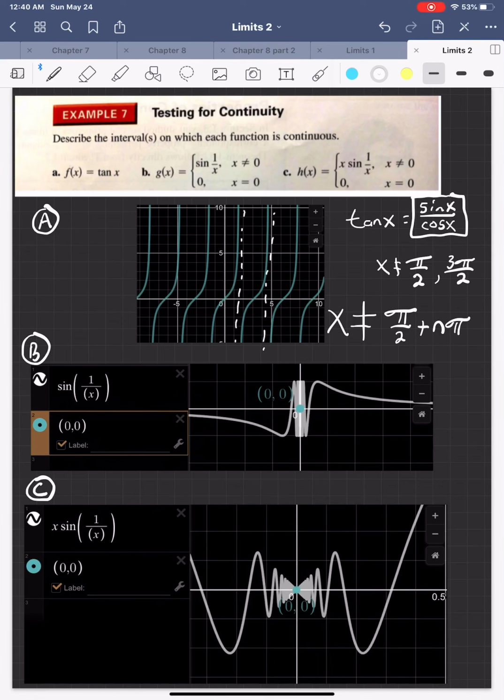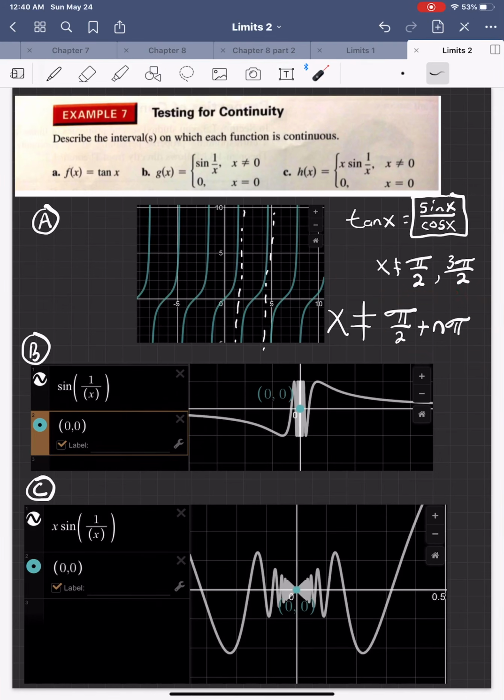In this case, n would just represent integers, so negatives or positives or 0. So if you plugged in 4 for n, you would get an angle that would cause cosine of that angle to be 0. So you would get a vertical asymptote.